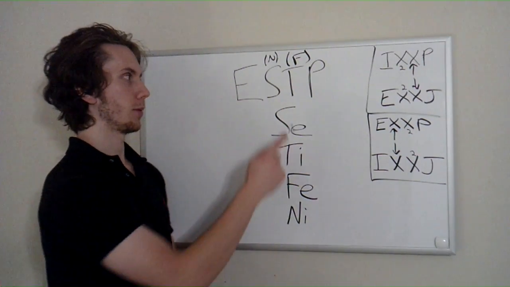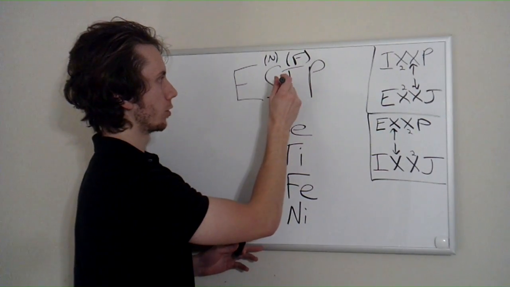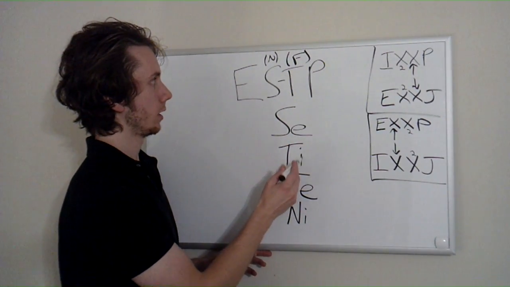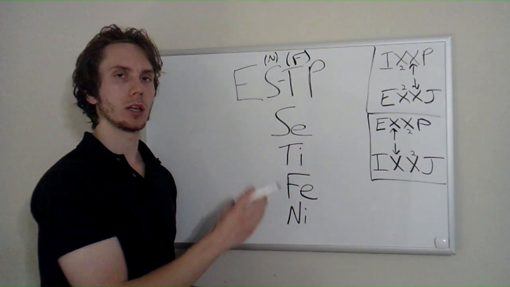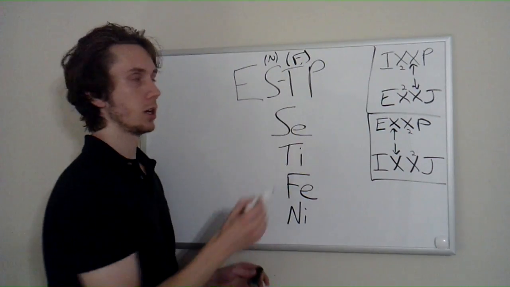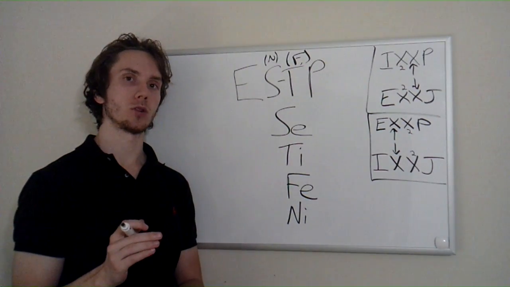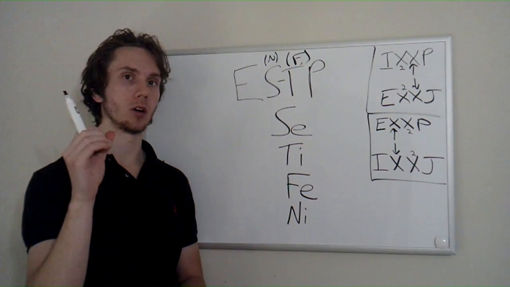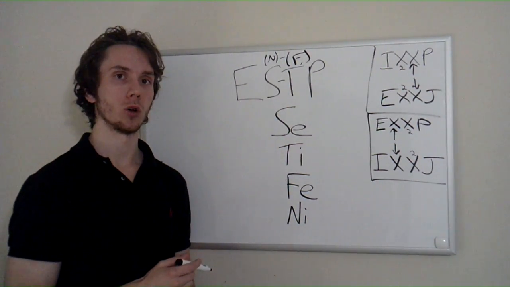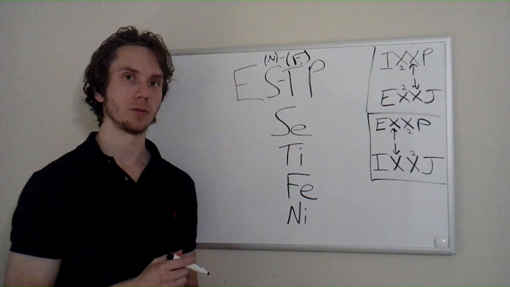We start at the dominant function position, we go over to the second or third position for our second strongest cognitive function. Then we remain in that position and we look at the function that can be there but is not to get our third function. Then we go back over to the dominant function position, look at the function that can be there but is not, to get our inferior function, or our weakest function.